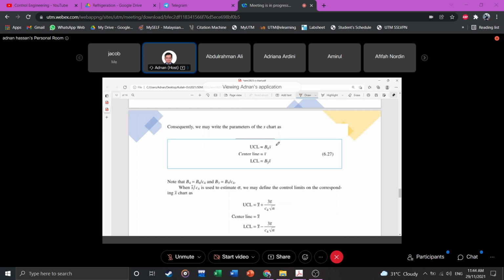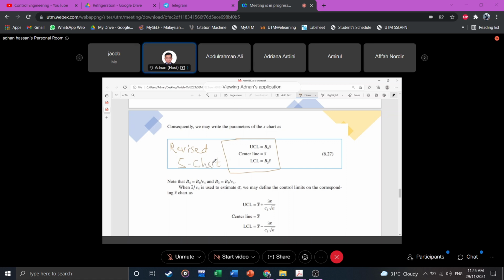When the process is stable, we can use this value. This is for a stable process, or sometimes we call it a revised S chart.